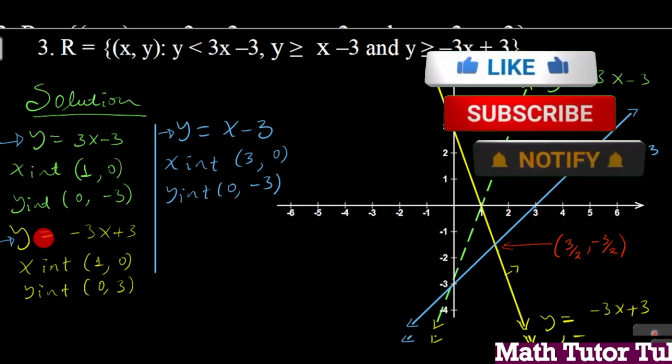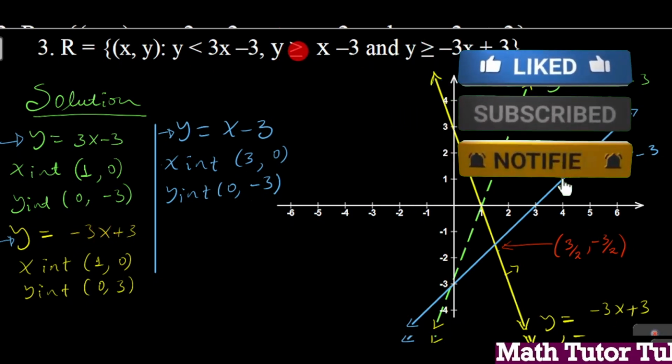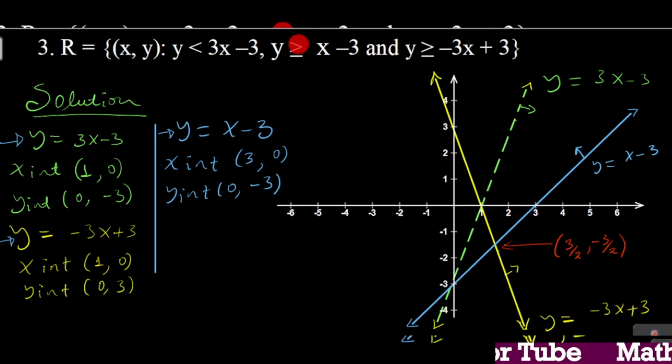The second one is y equals minus 3x plus 3. To draw the graph of a line, just leave out the inequality sign and write y equals minus 3x plus 3 to get the x-intercept and y-intercept. So the x-intercept is (1, 0) and the y-intercept is (0, 3). Here (1, 0) is here and (0, 3) is, look, this one.